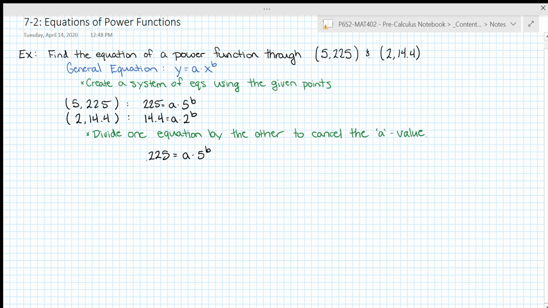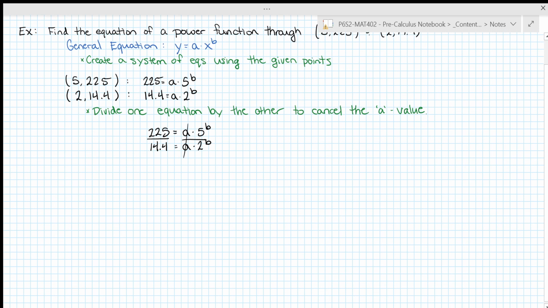You could think of this first as dividing both sides of this equation by 14.4. I have an equation that's balanced, and if I divide both sides by the same number, the equation is going to stay balanced, but 14.4 is equivalent to a times 2 to the b. So I can just basically divide these two equations, one by the other: left side by the number, right side by the variables, because that is going to cancel my a value.